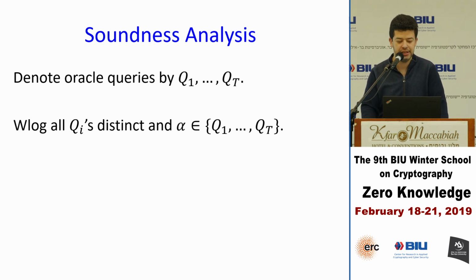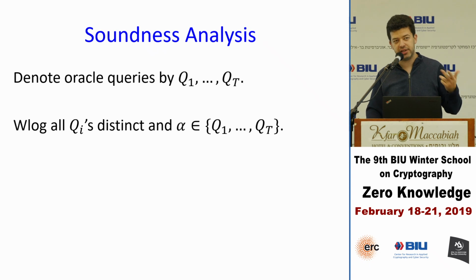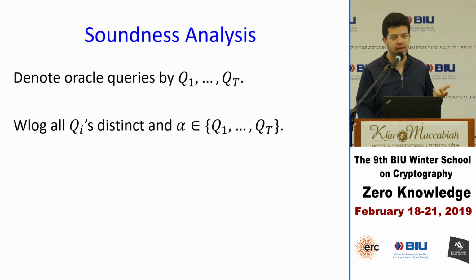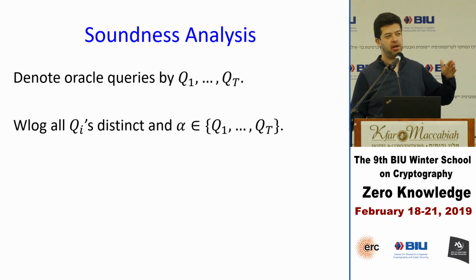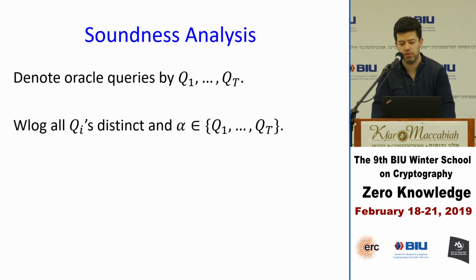So that's easy. And what about the assumption that alpha is contained in the list of queries? Well, first of all, it doesn't make sense that it wouldn't, because it's trying to guess beta. But just to justify this assumption, just think that at the very end of the protocol, if it hasn't already queried on the point alpha, it makes another query. Okay? So I'm going to make these assumptions about the qi's.